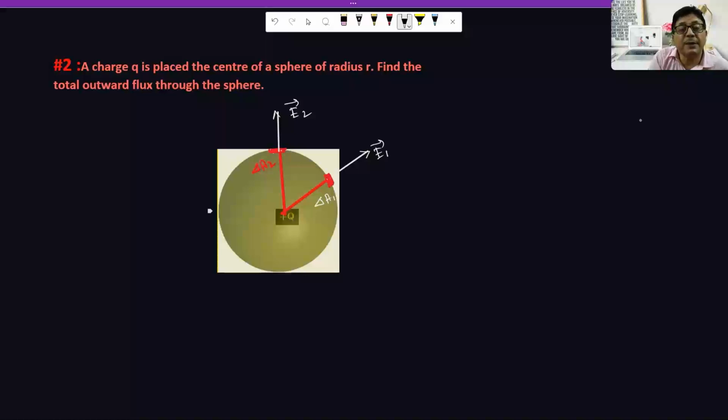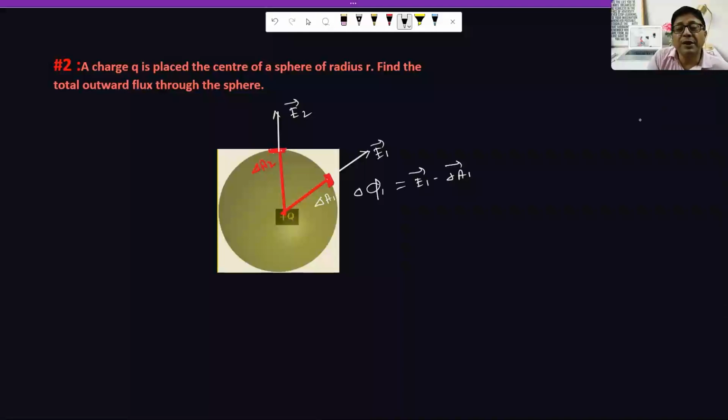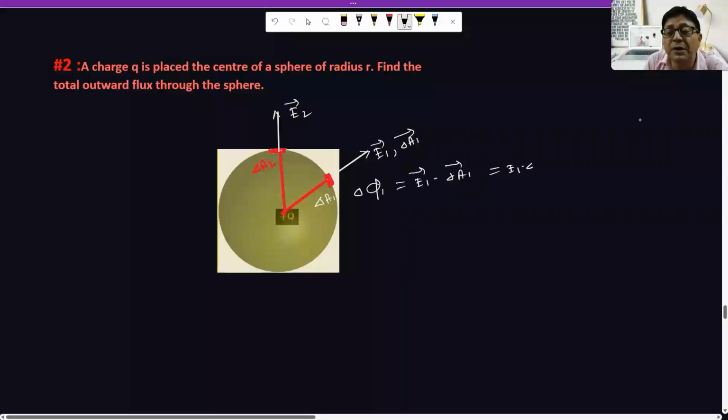So what is the flux passing through this portion delta A1? That delta phi 1 will be equal to E1 into delta A1. You know that E1 is the electric field strength, and delta A1 vector is the area vector. E1 and delta A1 have the same direction. So this is going to be E1 delta A1 cos 0 degree.